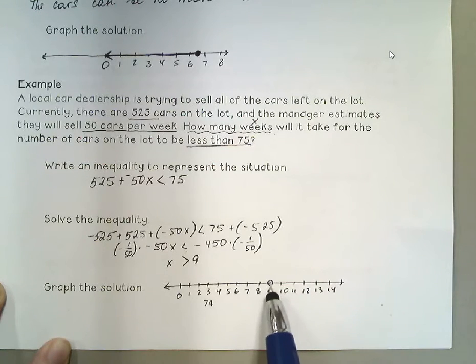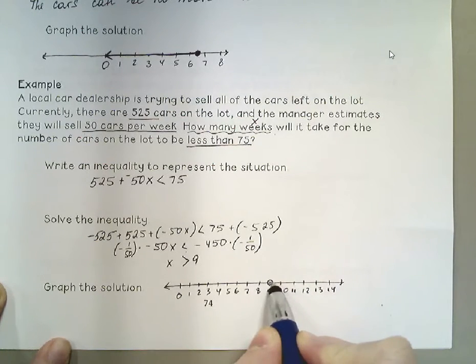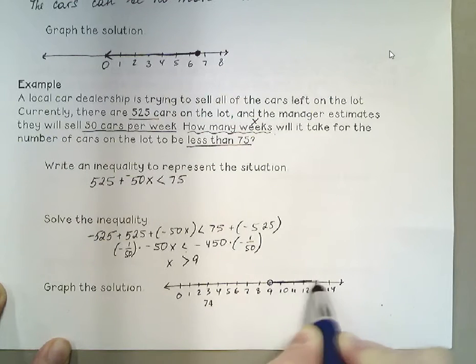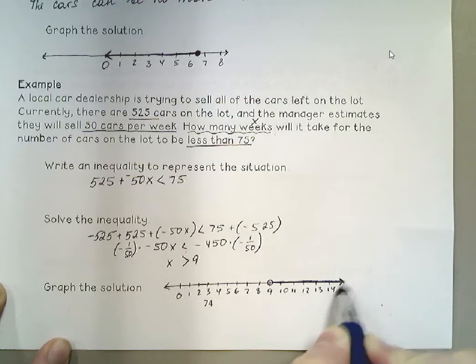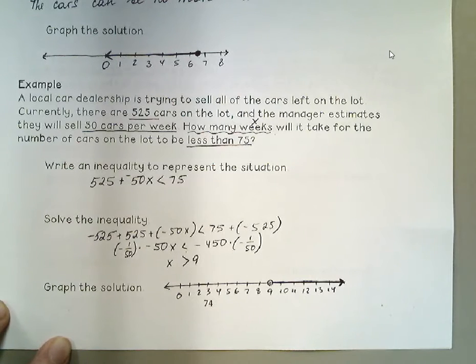It will be left blank, and everything that is greater than that number is going to be highlighted, including the arrow. Because our answer does not stop on 14, it'll be more than that, right? So for the cars to be on the lot less than 75, we need to make sure that we sell for more than 9 weeks. Okay.